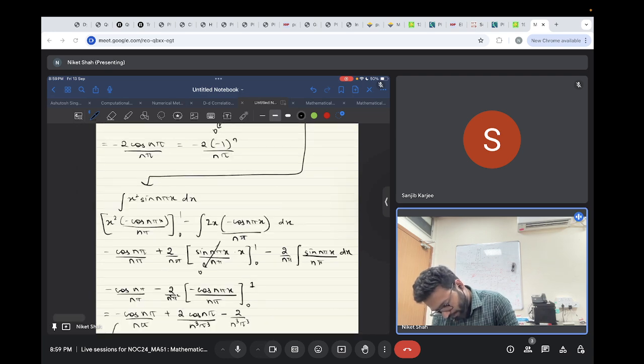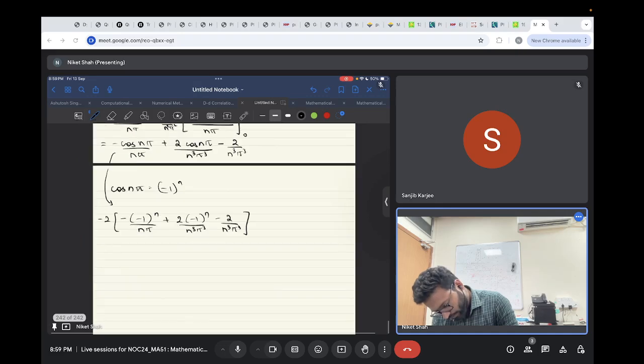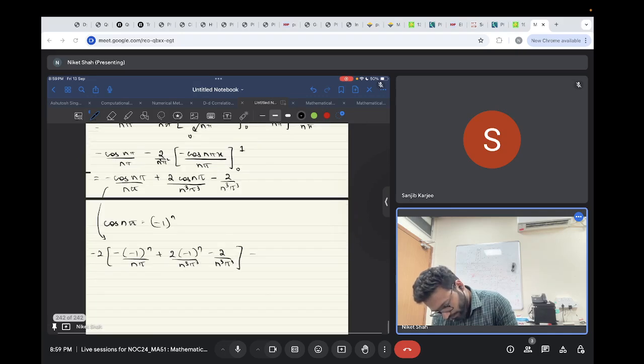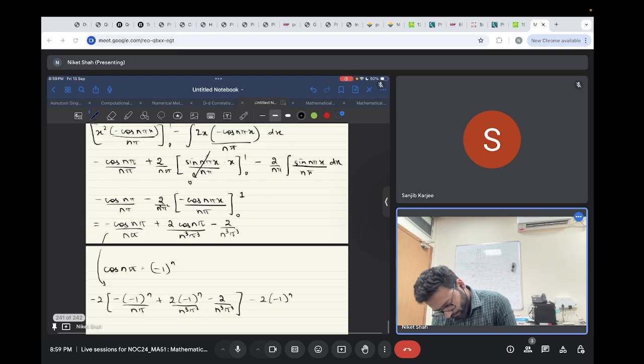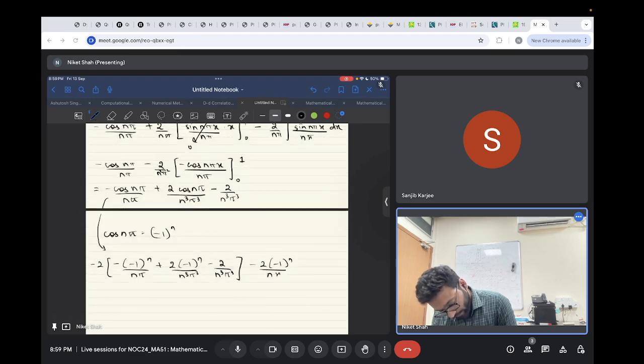And I'll write this term as well, minus 2 minus 1 raised to power n divided by n pi, minus 2 minus 1 raised to power n. So this gets cancelled.